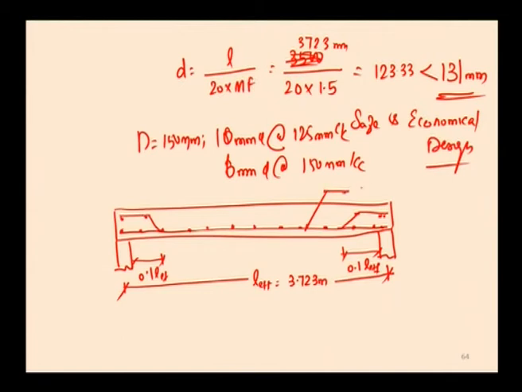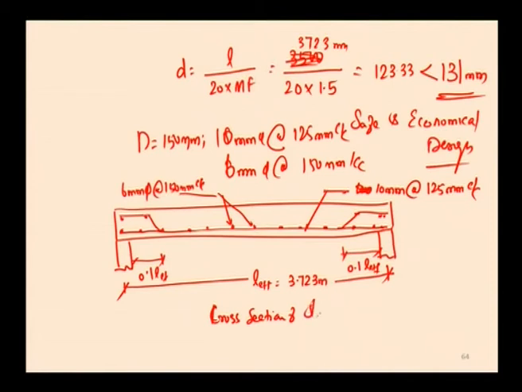This one is 10 mm dia at 125 mm center to center, and this one is 6 mm dia at 150 mm center to center. This is the cross section of the slab.